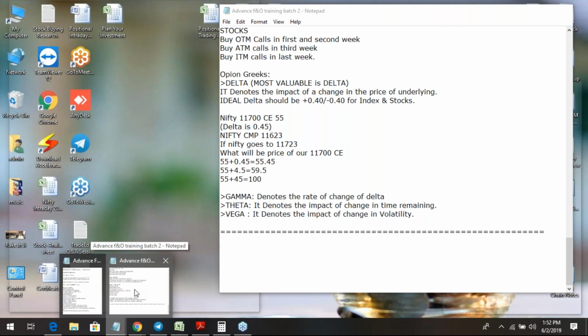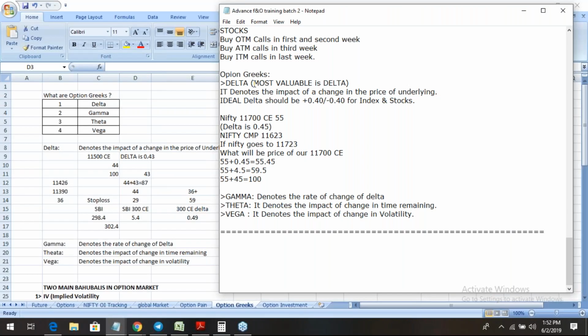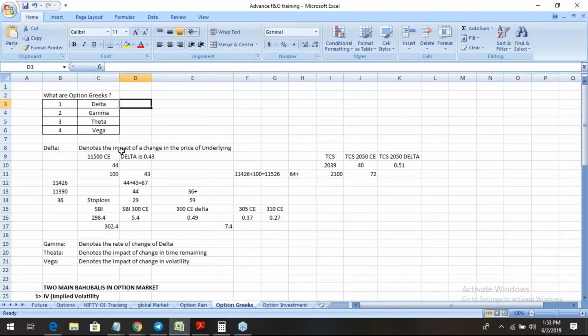Example, what is the current market price of Nifty? CMP of Nifty, 11,922, I guess, right?